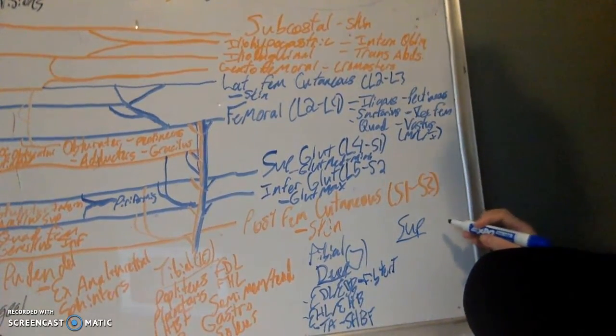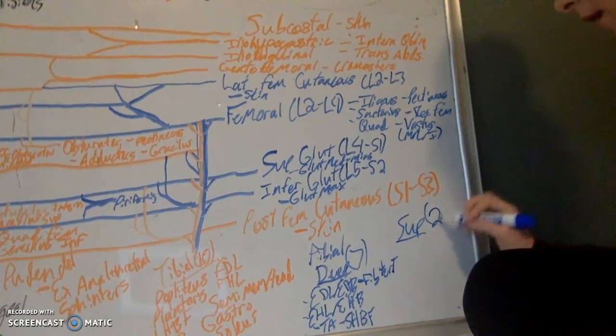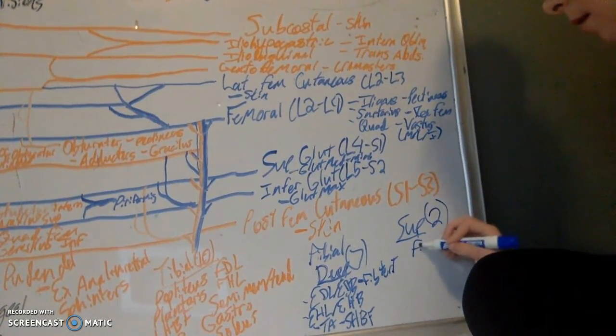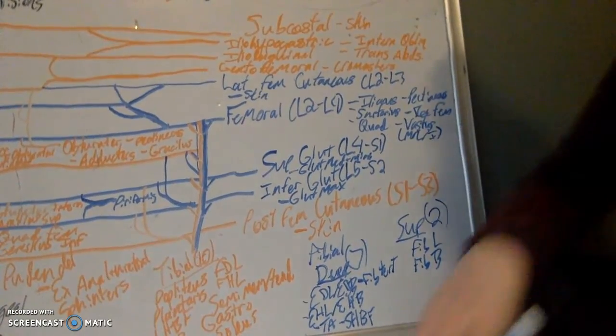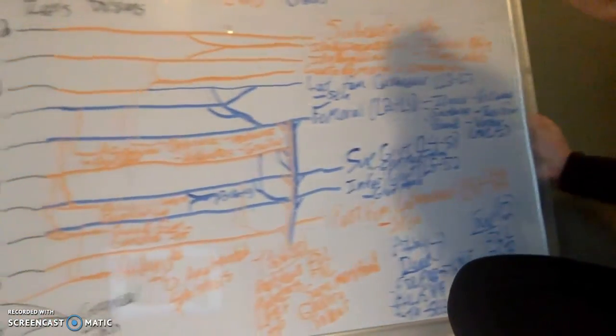And then the superficial will only innervate 2 muscles, being the fibularis longus and the fibularis brevis. And that is all. Thank you.